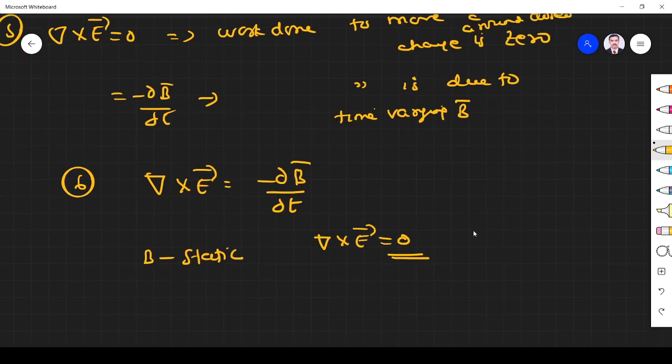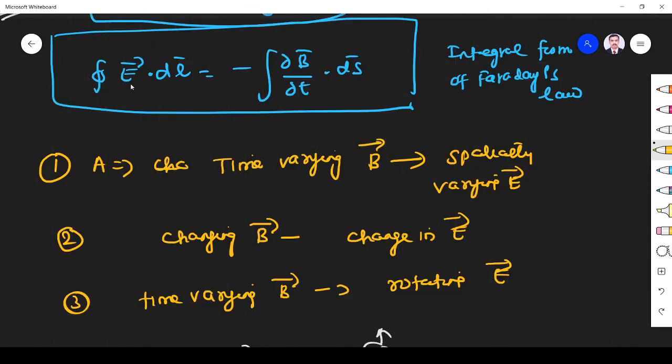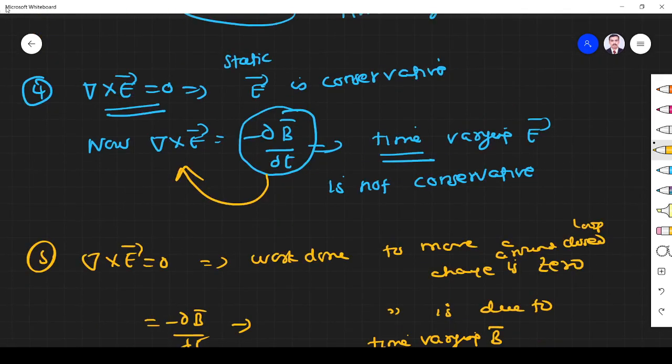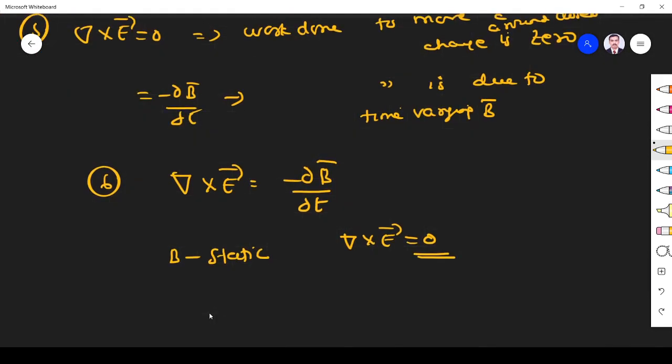If B is static, dou B by dou T is equal to 0. This implies, as per equation B, closed integral E dot dl is also 0.